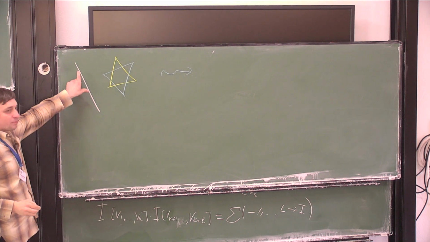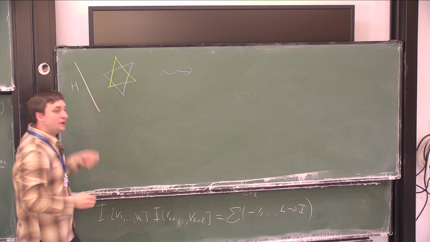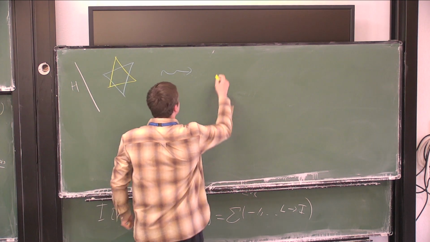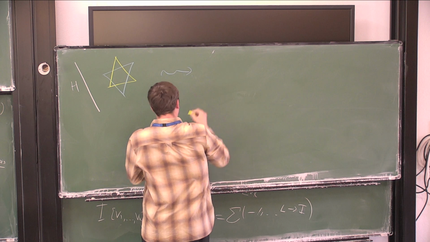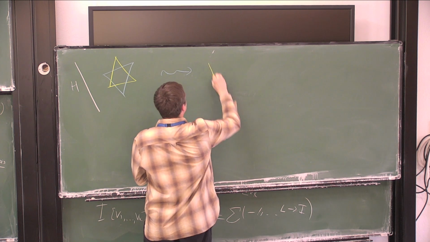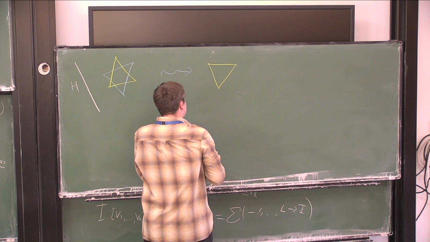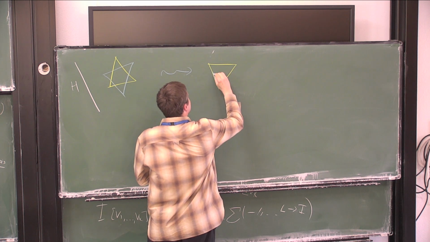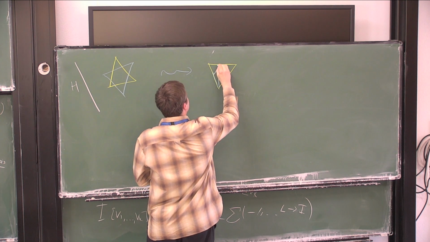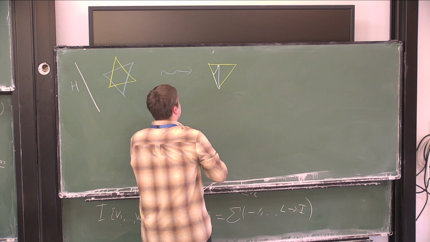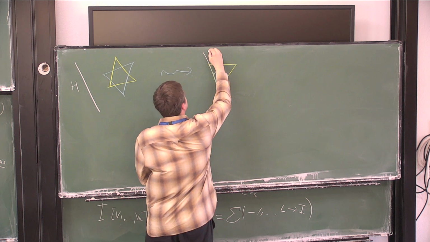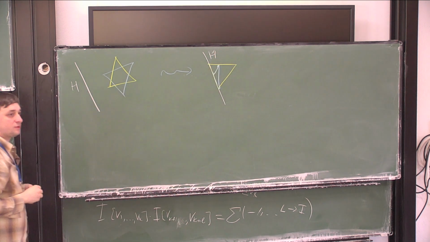This is our hyperplane. This is a pair of simplices in general position. We want to apply some sequence of operations to get this picture, and this will be still the same hyperplane we chose.